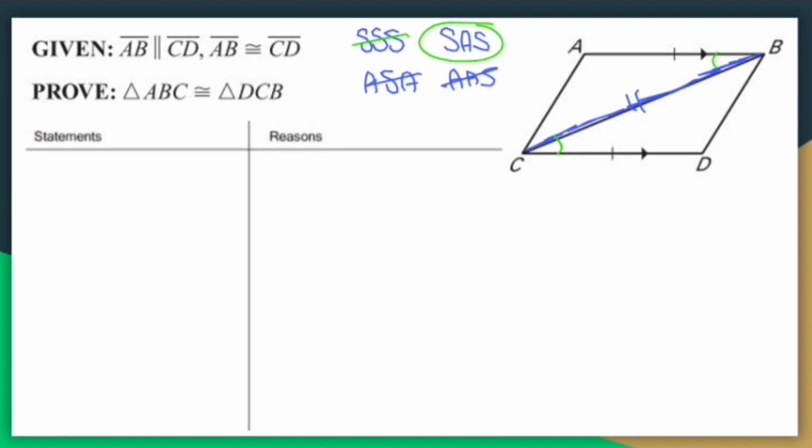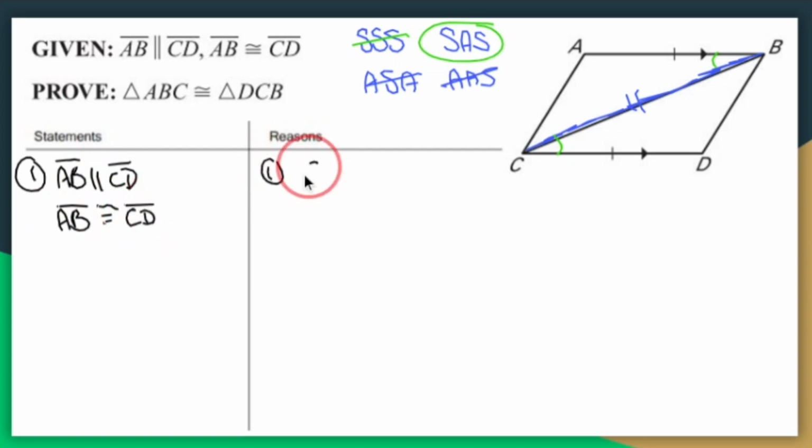So let's write out our given first. AB is parallel to CD, and AB is congruent to CD, given. It doesn't matter the order that you do these.